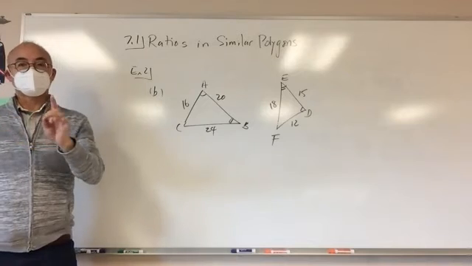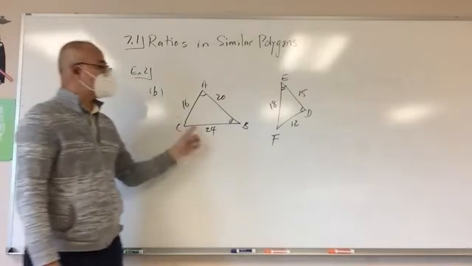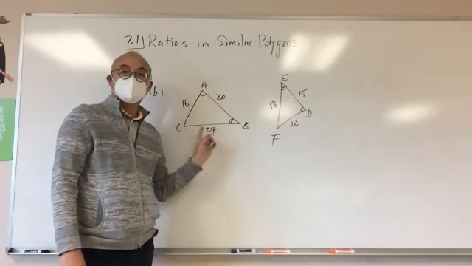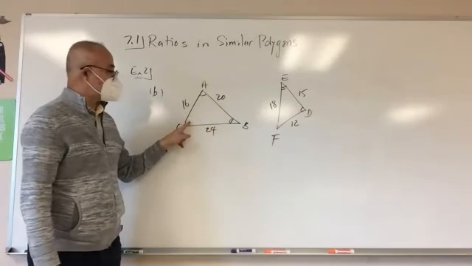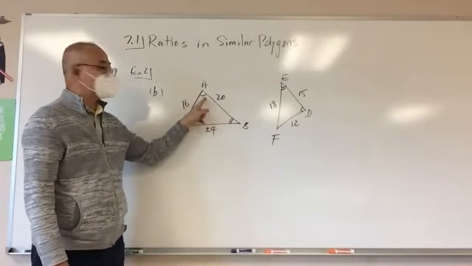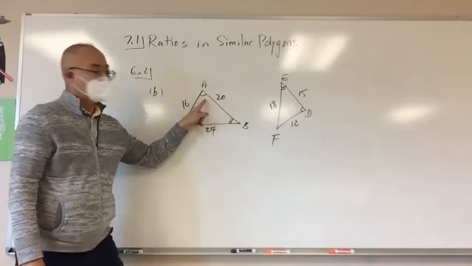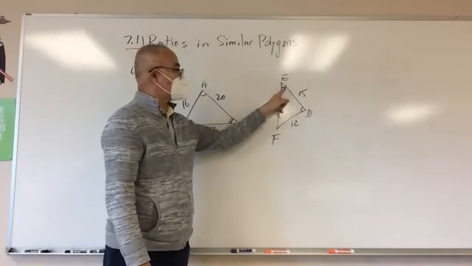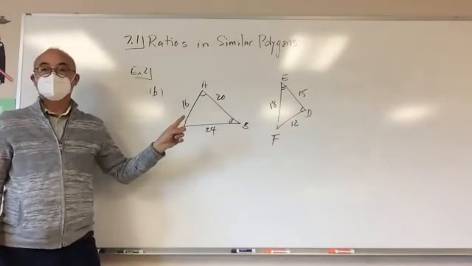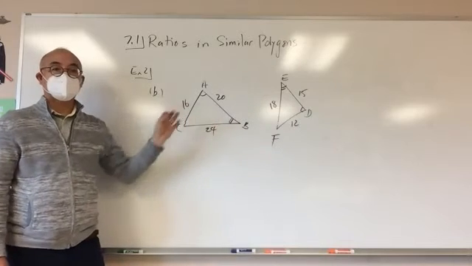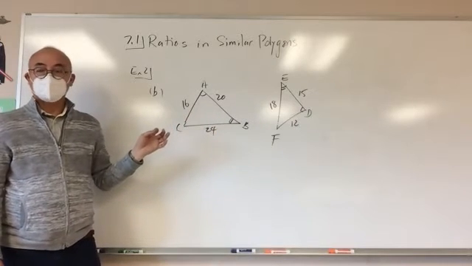What is the sum of the angles of a triangle? 180, right? So this angle is going to be 180 minus this guy and this guy, correct? This guy here is going to be 180 minus this guy and this guy, so they must be the same, correct? Everybody see that? So that's why the angles are congruent.